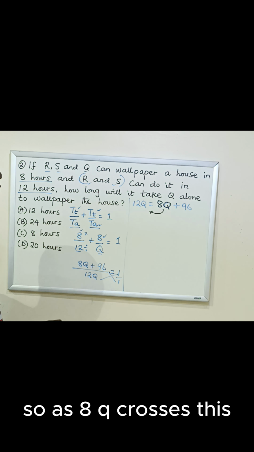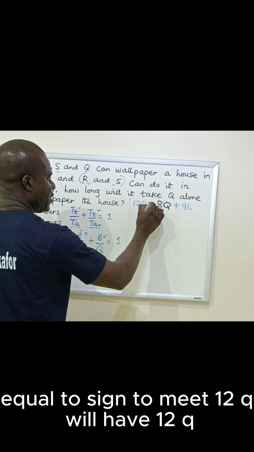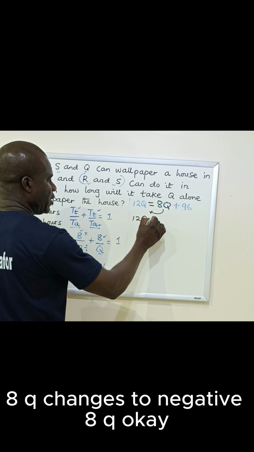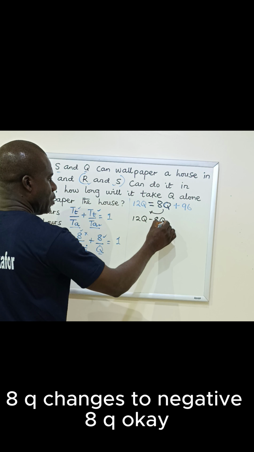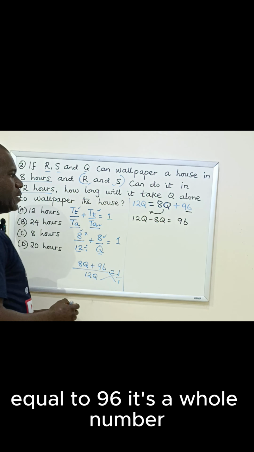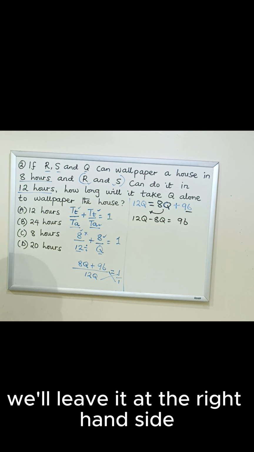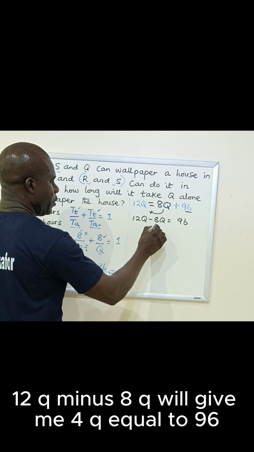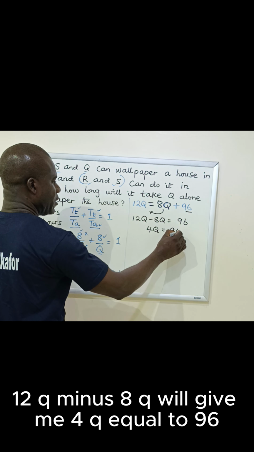As 8Q crosses the equal sign to meet 12Q, it changes to negative 8Q, so we have 12Q minus 8Q equal to 96. It's a whole number, so we leave it at the right-hand side. 12Q minus 8Q gives me 4Q equal to 96.